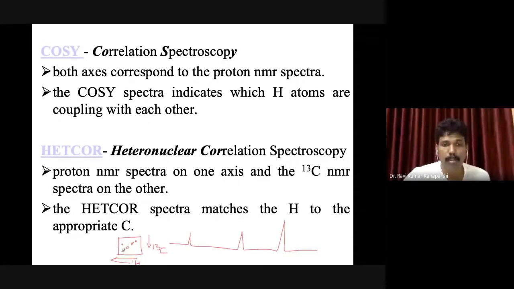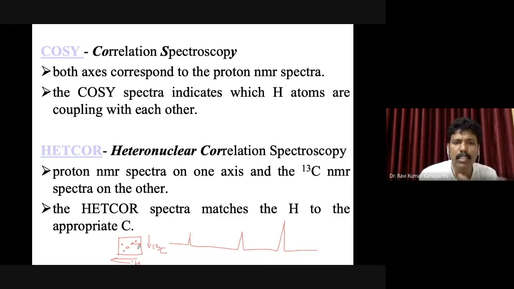Suppose you see a peak off the diagonal here, then this is matching with this carbon. So just extrapolate here. This is the carbon peak. That means that carbon and that proton are related. So this is a very beautiful technique to immediately arrive at conclusions about carbon and proton connectivity.